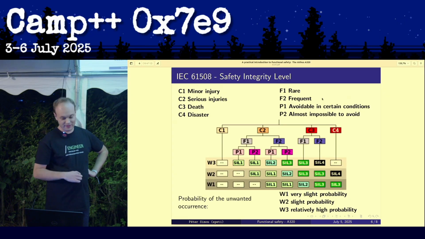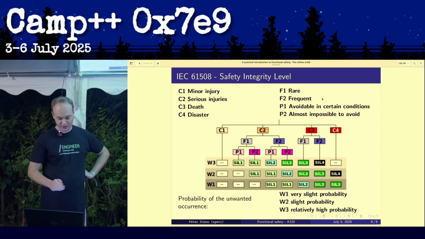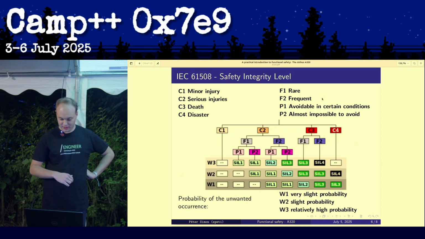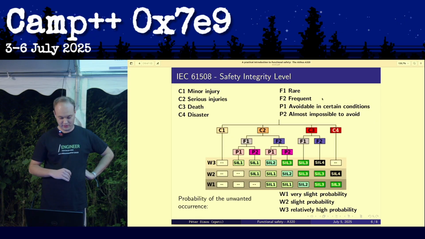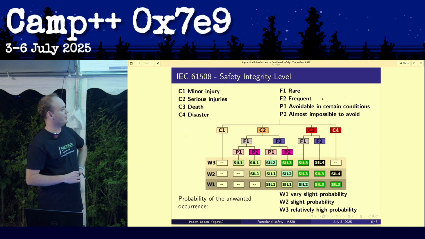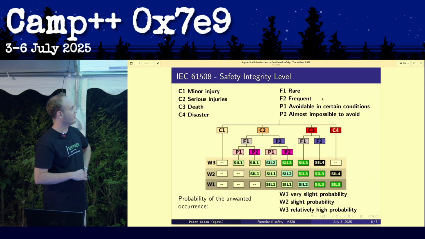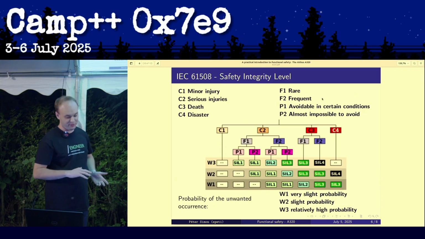You can just take a look at it, but basically you have to take into account the consequences, how rare or infrequent a dangerous event is likely to occur, if it's avoidable, and with what probability it will occur. But these have quite vague definitions.